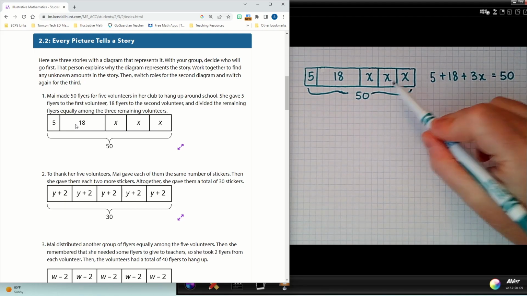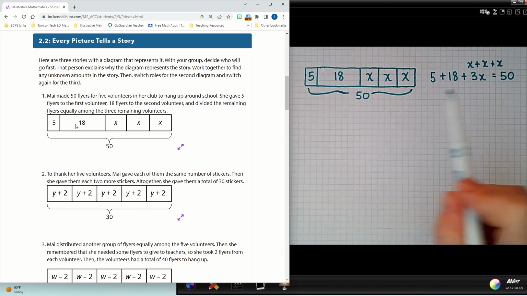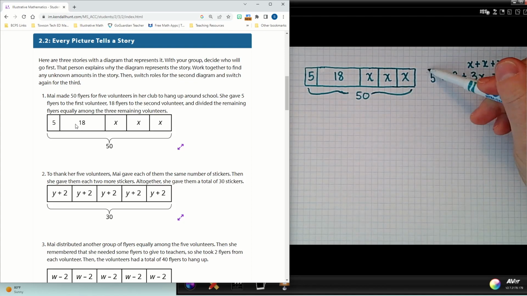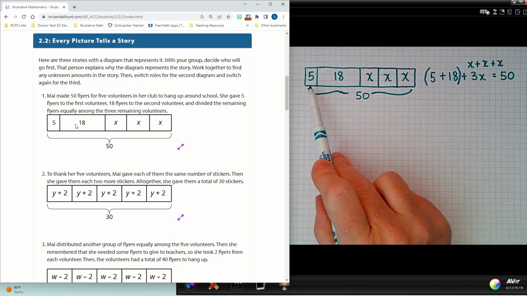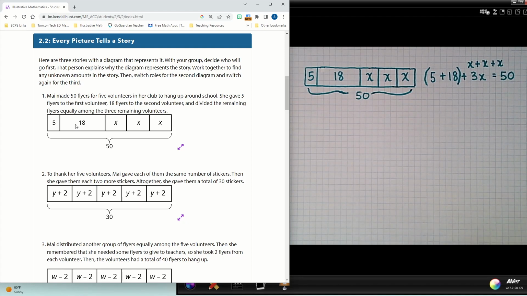Some students may like to write 3 X's because that's exactly what it is, but we help students understand they can combine these, and they can also combine the 5 and the 18. So if they handed out 5 flyers and another 18 flyers, then that would be a total of 23 flyers.